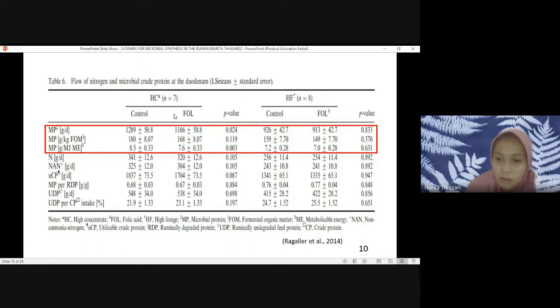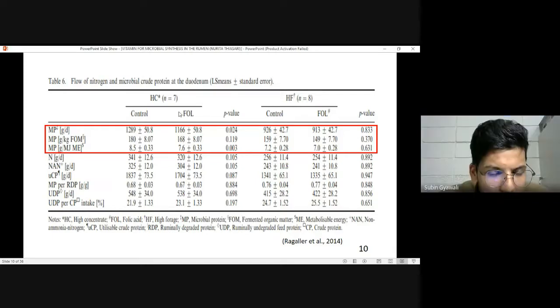Yes. But when you describe this table, you said because of low energy level, when we add the folic acid, the microbial protein synthesis is less. So I was confused.